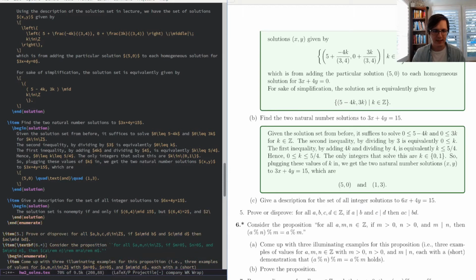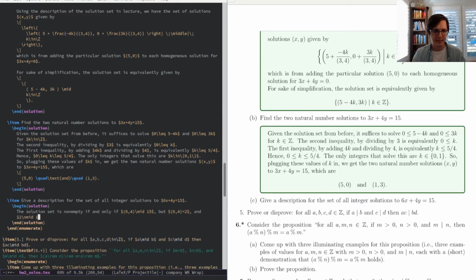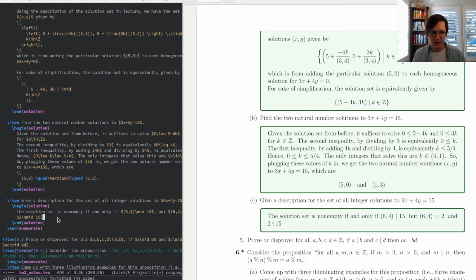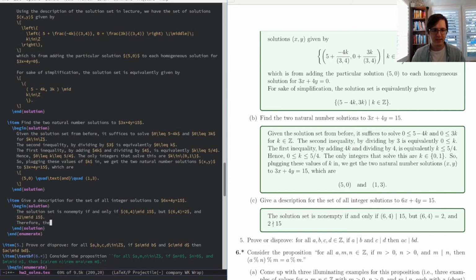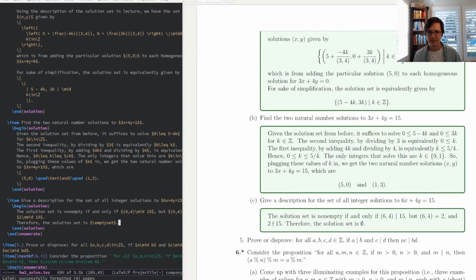And 2 does not divide 15. So therefore, the solution set is the empty set. Oh yeah, I've never liked that particular symbol for the empty set.